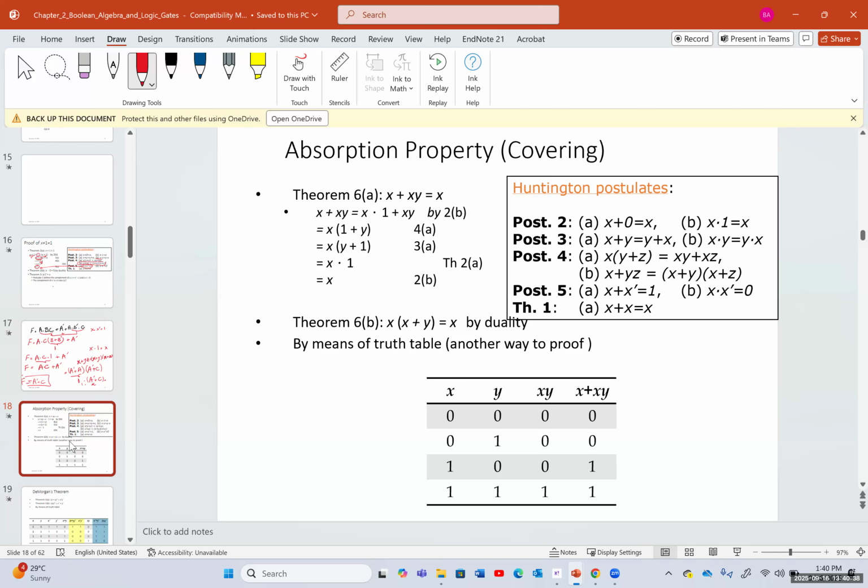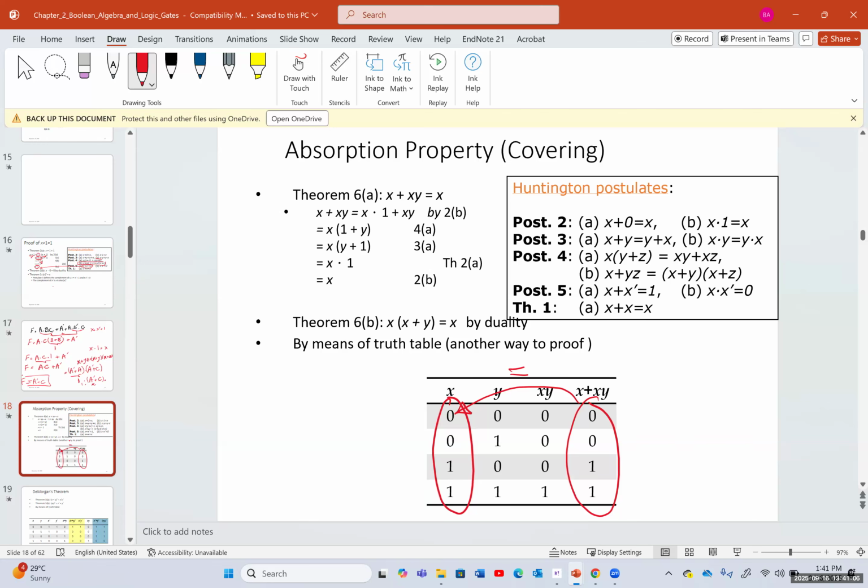So if x and y are 0, 0, x plus xy gives us 0. If it's 0, 1, it gives us 0. If it's 1, 0, it gives us 1. And if it's 1, 1, it gives us 1. You can see that the result is the actual mirror of x. It's going to have 0, 0, 1, 1, which is exactly equal to x.